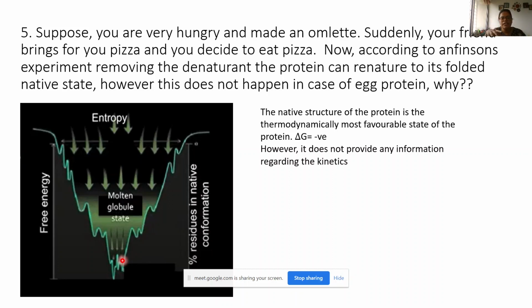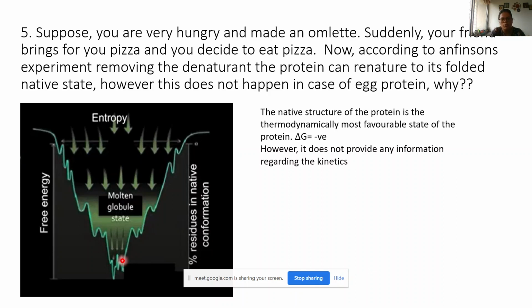So here the delta G negative value will only tell you about whether a particular reaction will occur or not. So the native state of a protein, egg protein, will be formed. It's the thermodynamically most favorable form.